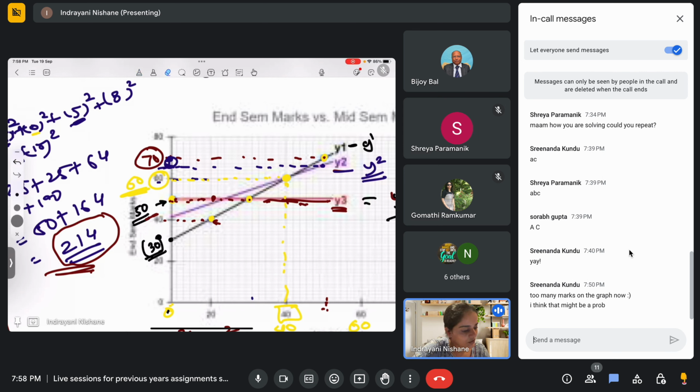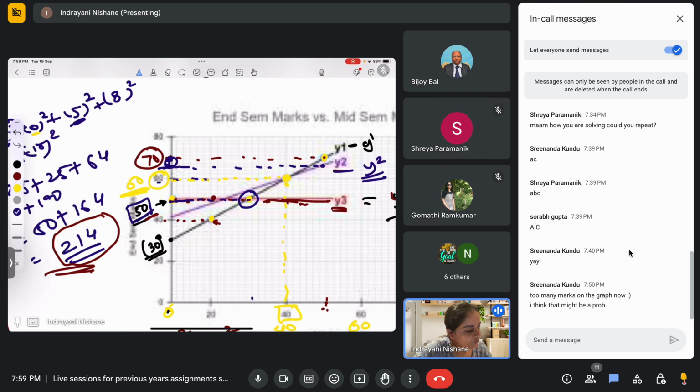Now if we come to this point, what is the actual value at this point? 50. It is not 60.